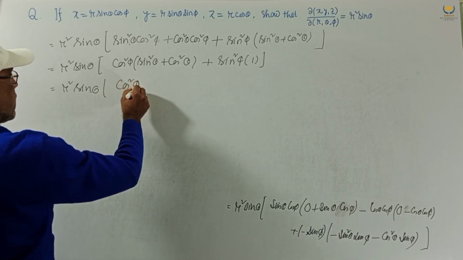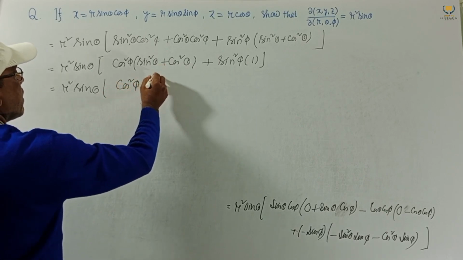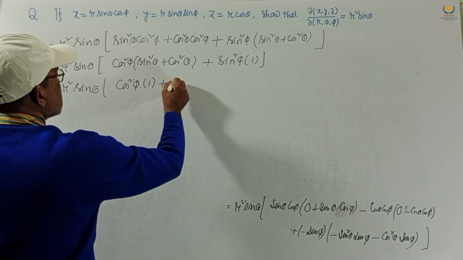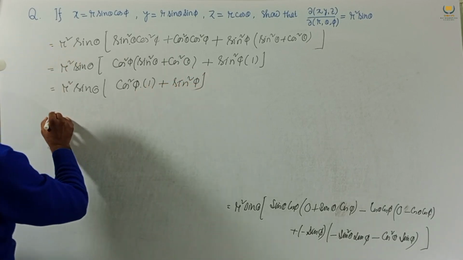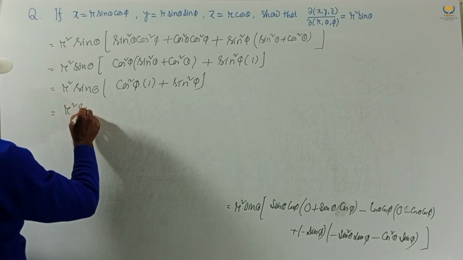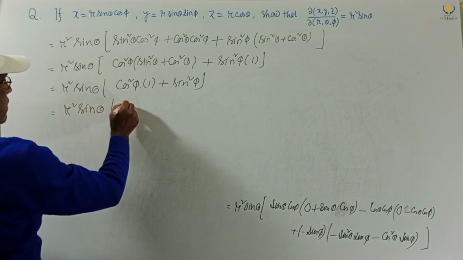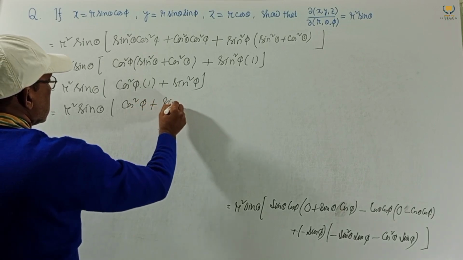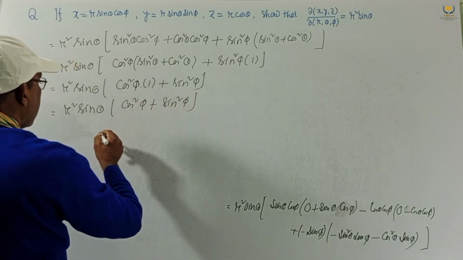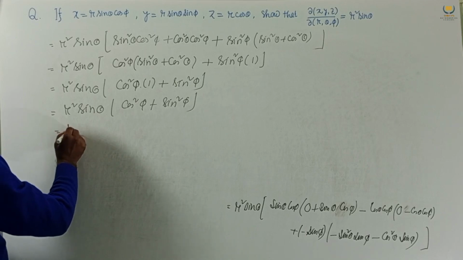cos square phi, this is also 1, plus sin square phi, and this will be r square sin theta times cos square phi plus sin square phi, and cos square phi plus sin square phi is 1.